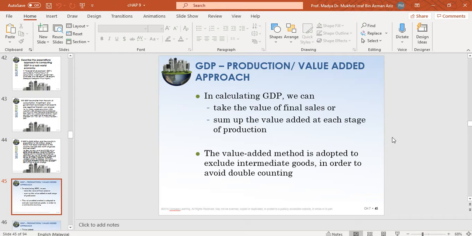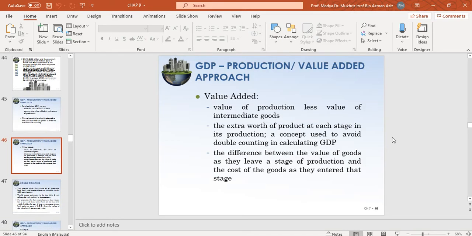I'm not saying the production approach is not common, but the way to calculate it, if you look at the slides here, is quite simple. But in terms of what you normally see in quizzes or tests, in your test banks or past year questions, usually the questions focus more on the expenditure approach and the income approach.